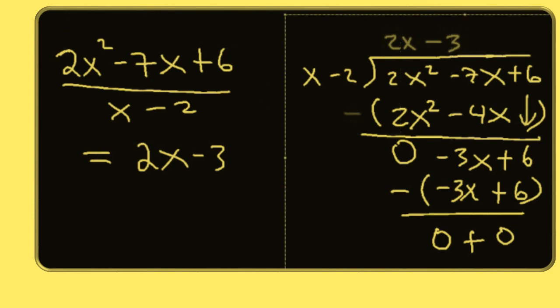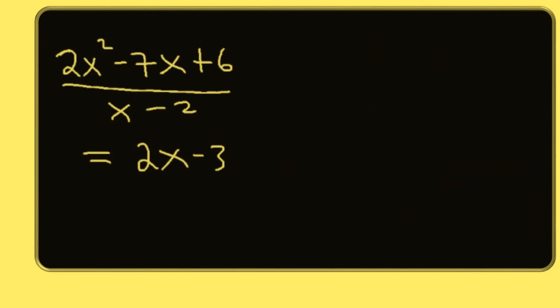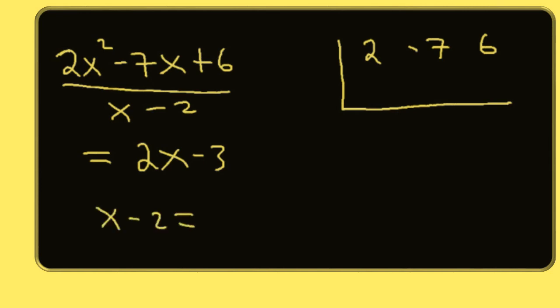Now let us see if we can get the same answer using synthetic division. Let us write the coefficients of the numerator, which are 2, negative 7, and 6, and we are dividing by x minus 2. If you set this equal to 0, x is 2, so we are going to use 2 here instead of negative 2. Let's bring down the 2. 2 times 2 is 4, and negative 7 plus 4 is negative 3.